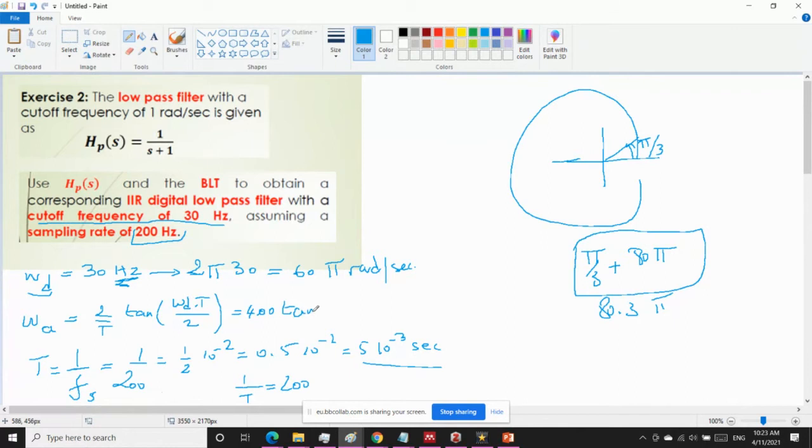Tangent of 60 pi times T over 2, which is 1 over 200 over 2, so 1 over 400. Correct? Yes.